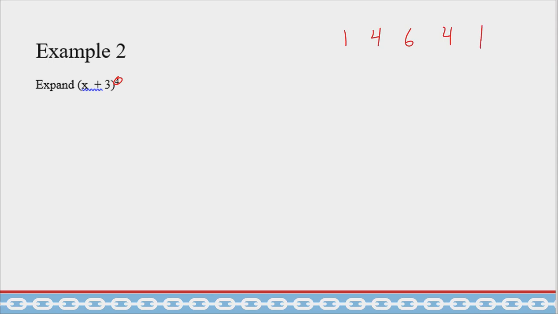And I've already built the Pascal's triangle in the notes, so I can just steal that row. So 1, 4, 6, 4, 1. And I also know that they're all going to get an x.